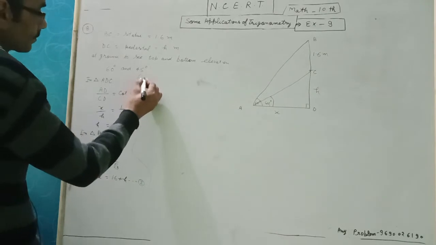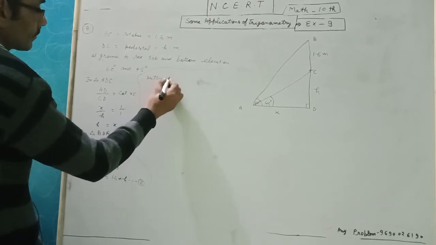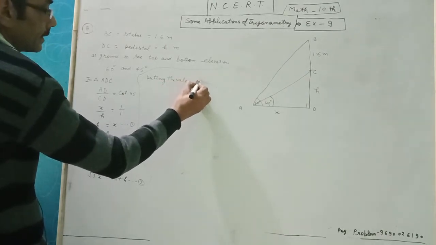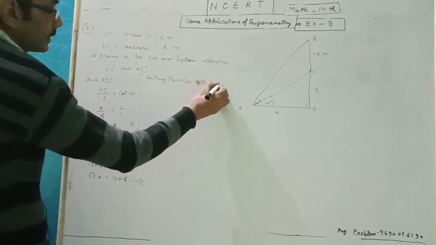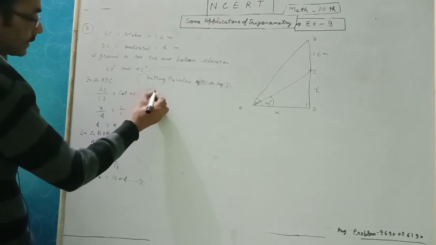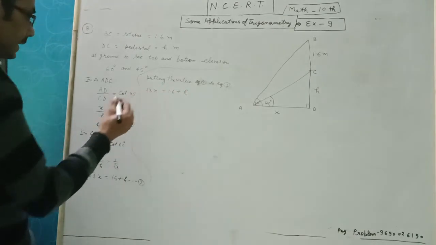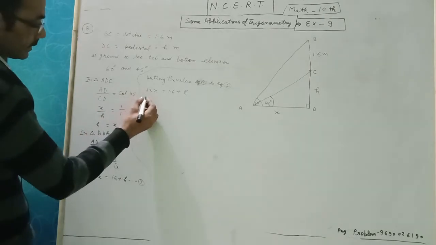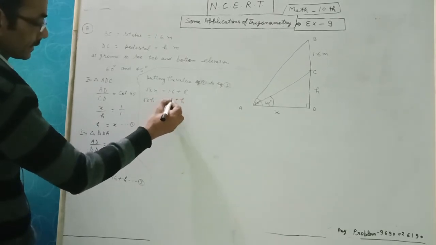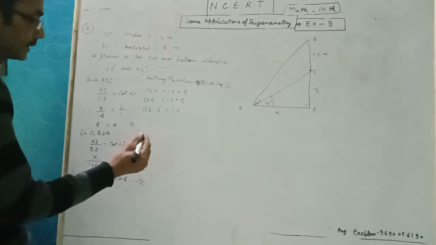Putting the value of equation first into equation second: under root 3 X is equal to 1.6 plus H. X is equal to H. So under root 3 H is equal to 1.6 plus H. Under root 3 H minus H is equal to 1.6.